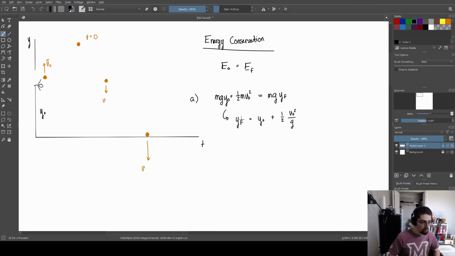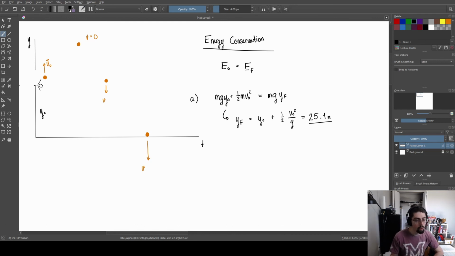Does that all make sense so far? Does the reasoning make sense at least? The value that we should get when we plug all of this in is 25.1 meters. On the way back down, how fast are we going?